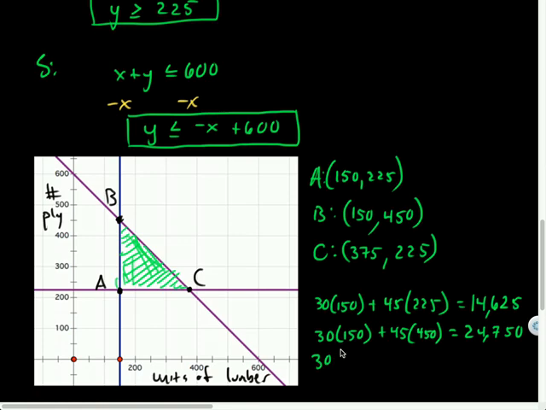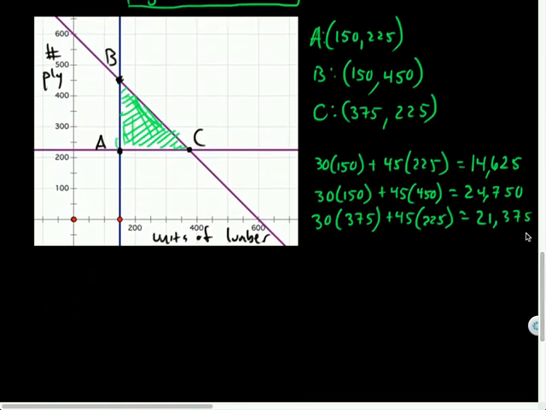And then we'll plug in the last one, 30 times 375 plus 45 times 225. Calculating these, here we are, and I get 21,375.